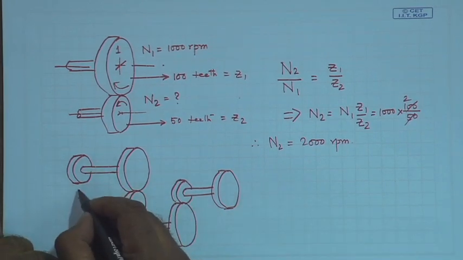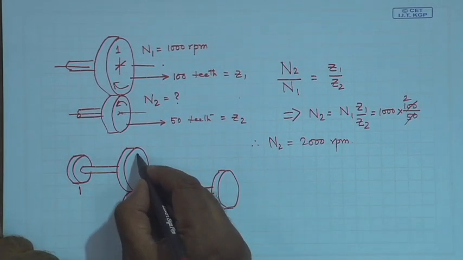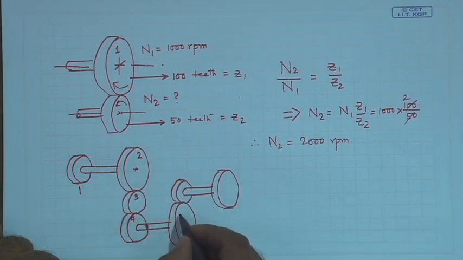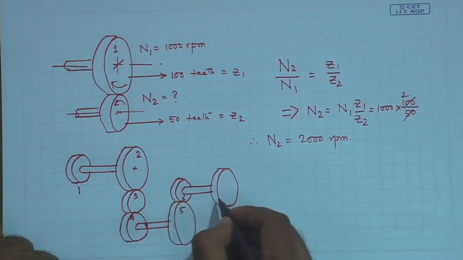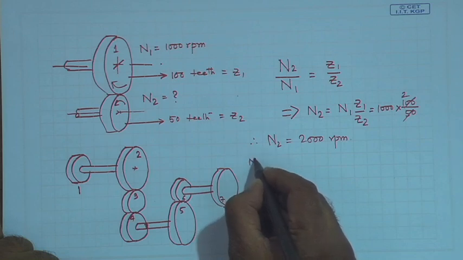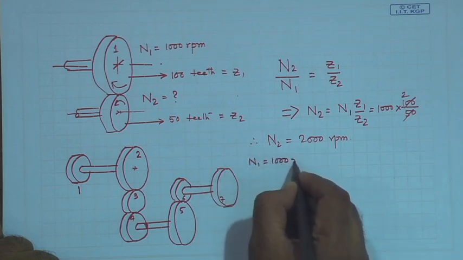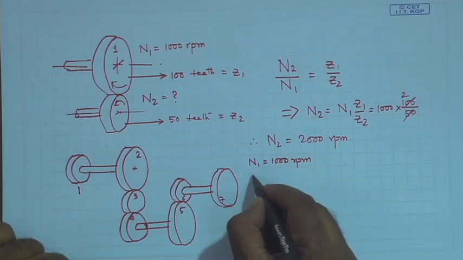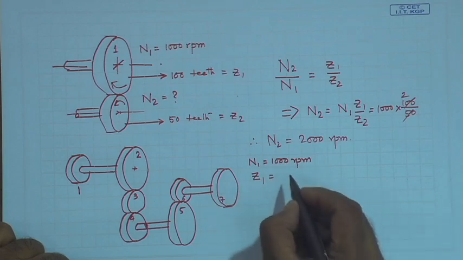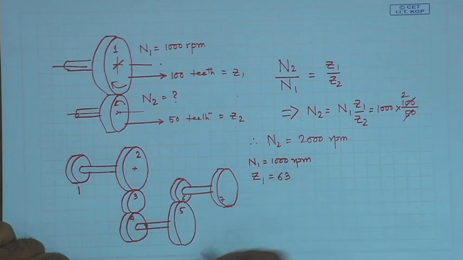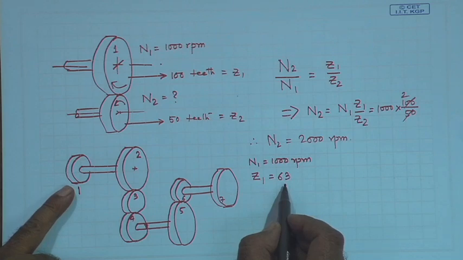This looks quite impressive. 1, 2, 3, 4, 5, 6, 7, and suppose this is the data that I am providing you. N1 is equal to once again 1000 RPM, Z1 equal to say 63. That means the number of teeth on gear 1 is 63.